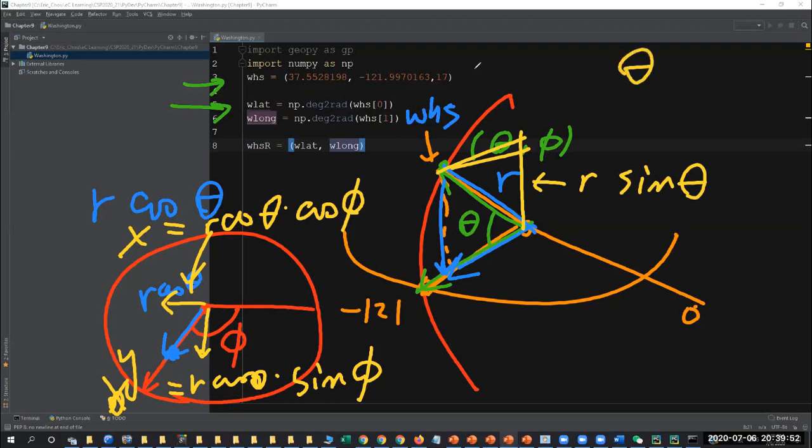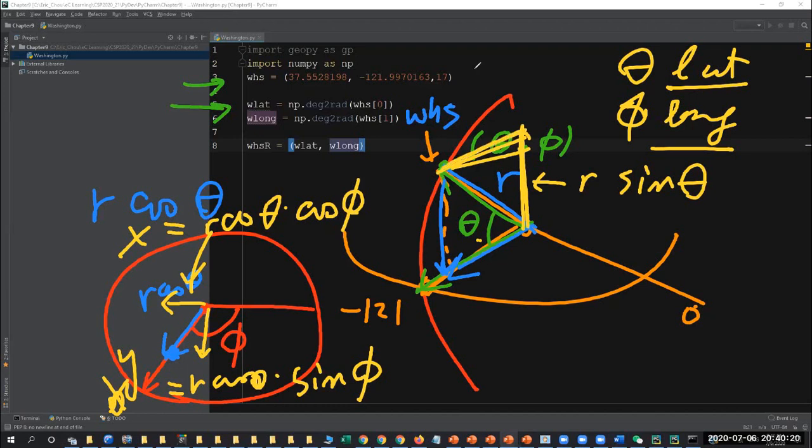Theta is latitude, phi is longitude. That's why I don't want to touch getting the coordinates from the map yet. I want you to do the math first. Is that okay? So theta is latitude, phi is longitude. This height, how high it is, relates to the Earth's center line, the z-axis.